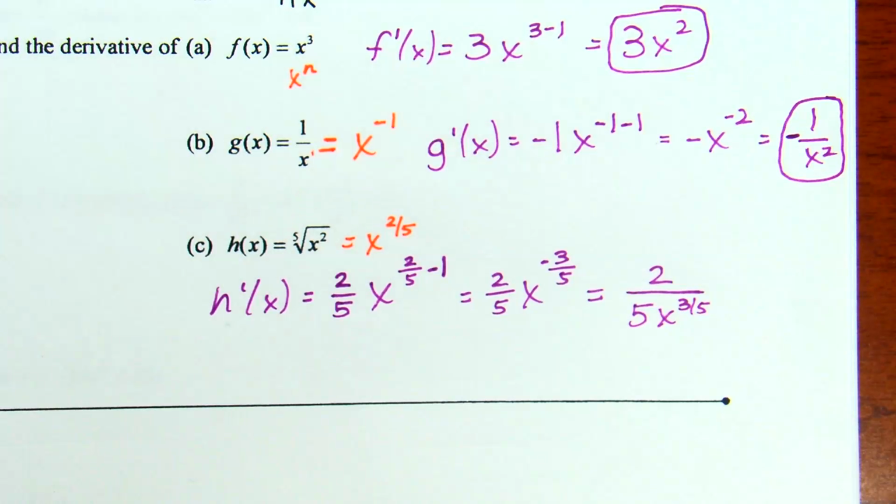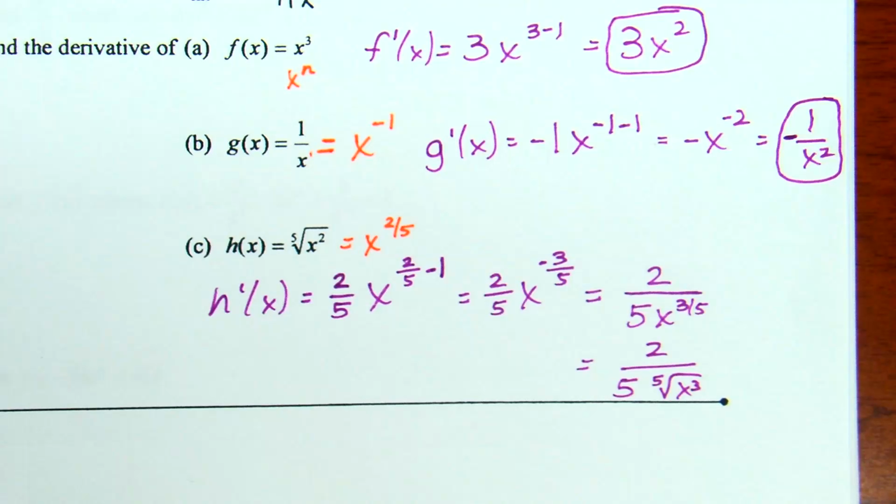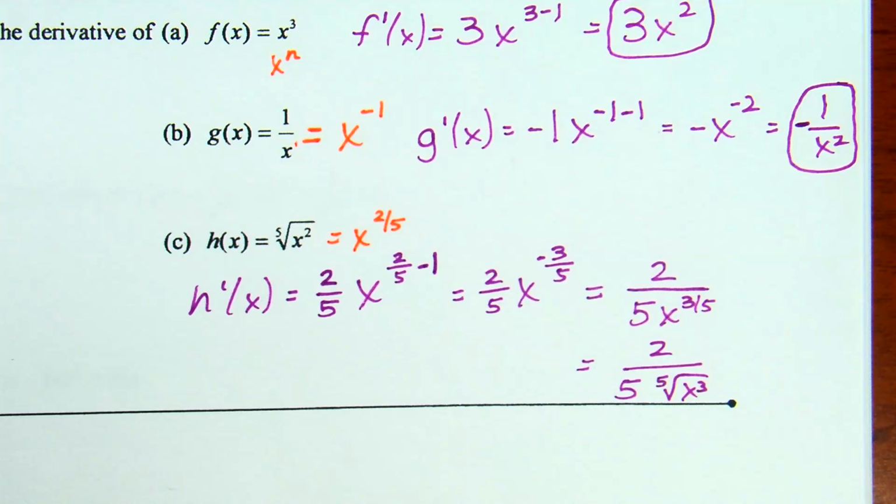In my answer key, I actually put it back in radical form. I did 2 over 5, and then x to the 3/5 is the 5th root of x to the 3rd. Honestly, it depends on the situation. Okay? In my mind, both of these are correct.